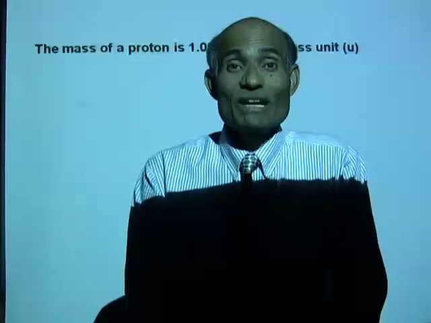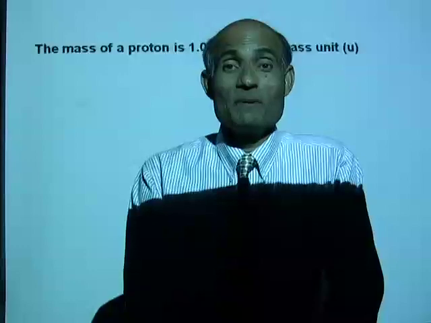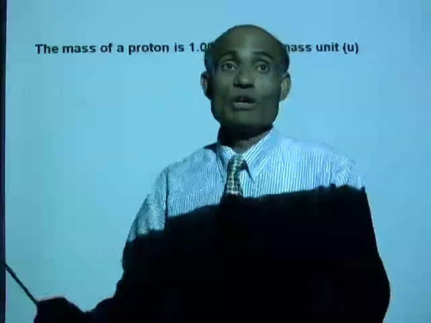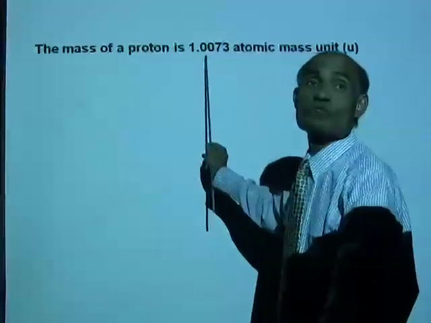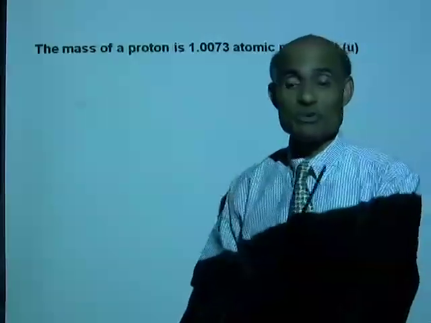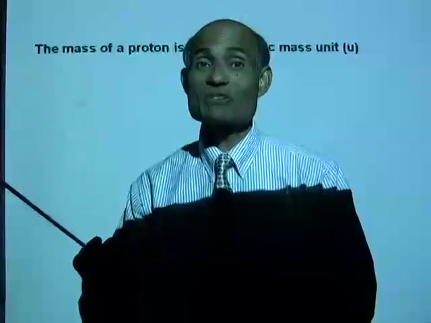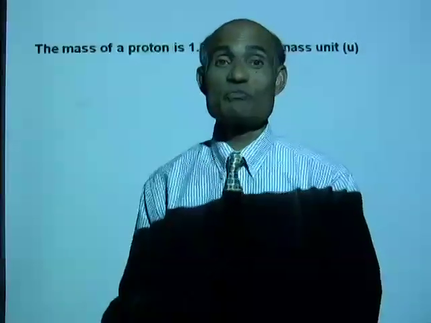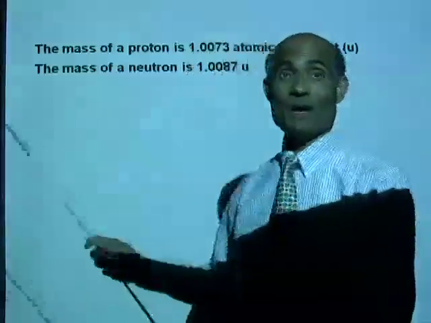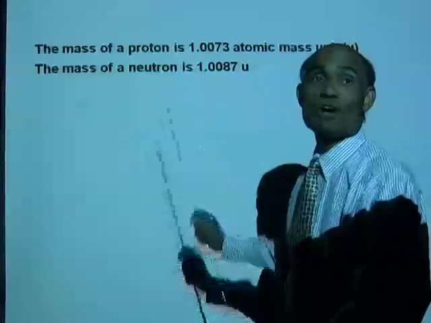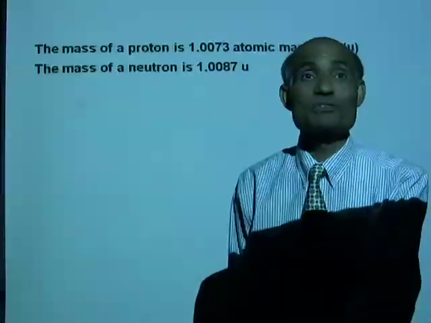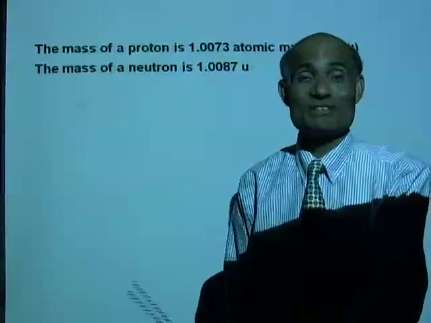In the scale of atomic mass unit, the mass of a proton is 1.0073 unit. How about that of a neutron? Is the mass of a neutron the same as that of a proton? Well, the mass of a neutron is 1.0087 unit.